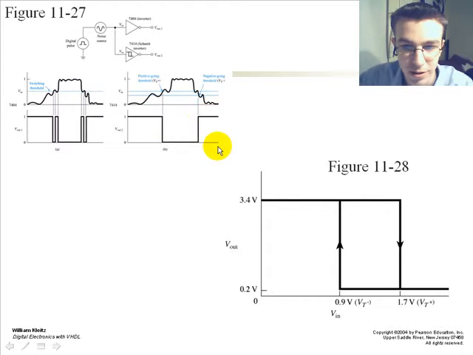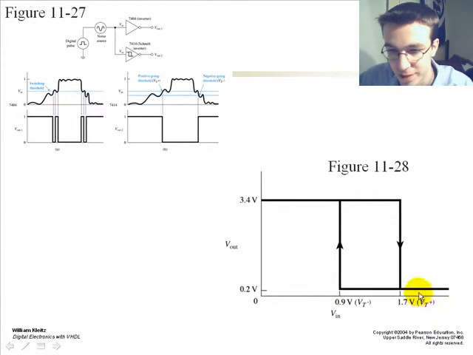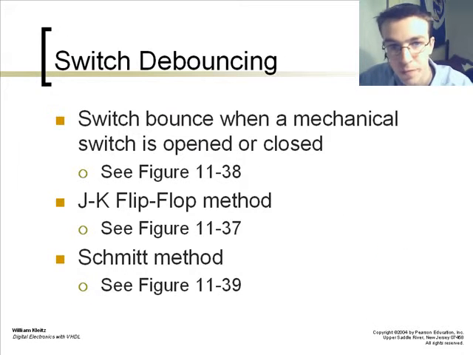It's either 1 or 0. And the Schmitt trigger has a voltage range with 0.9 to 1.7. This allows for the range to determine what's jitter and what's not.